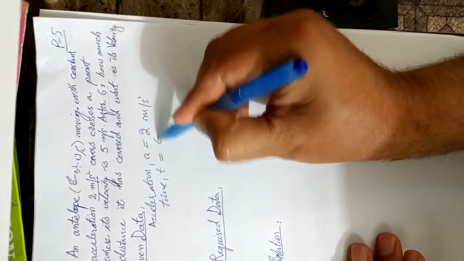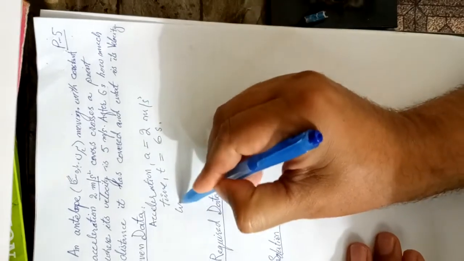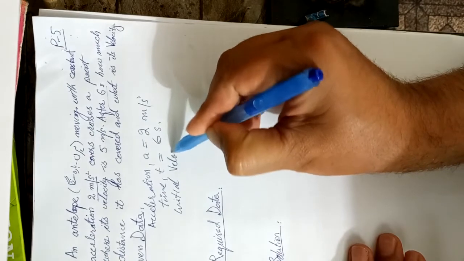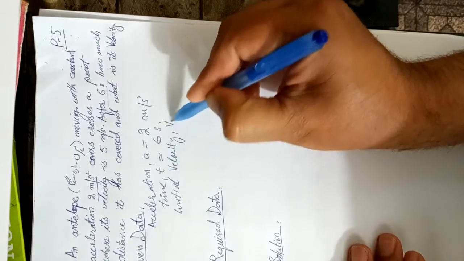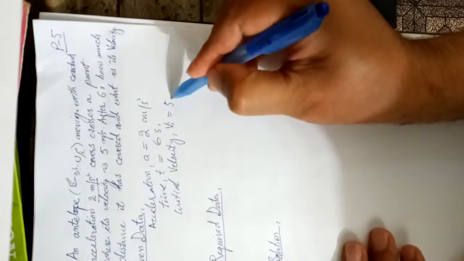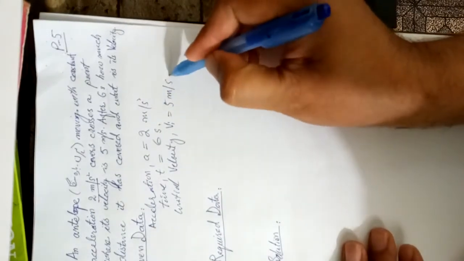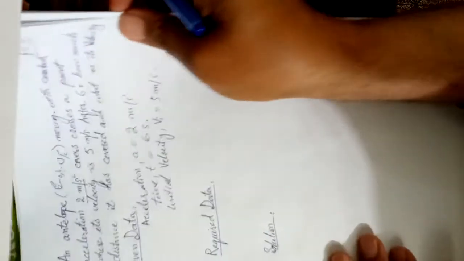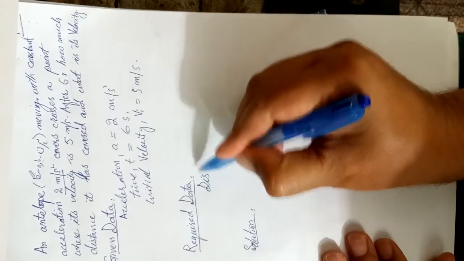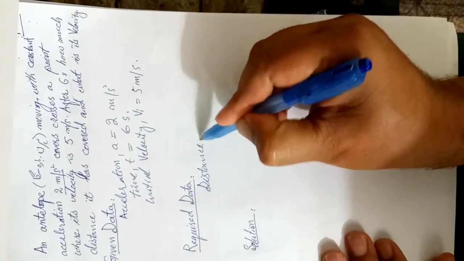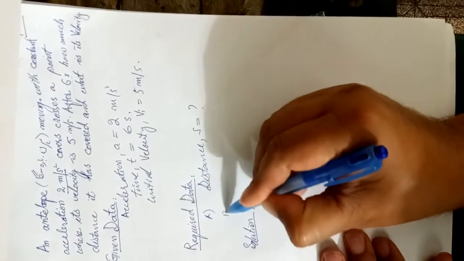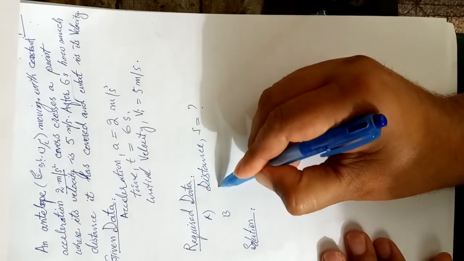Time t is 6 seconds and initial velocity Vi is given और वो आपके पास है 5 meter per second. You have to determine, आपको क्या मालूम करना है? You have to determine distance s and, part b, the final velocity.